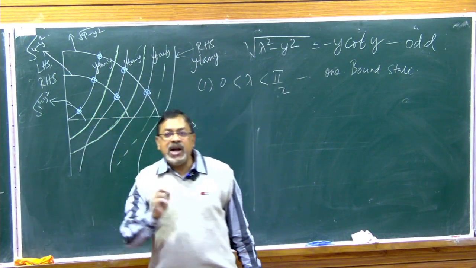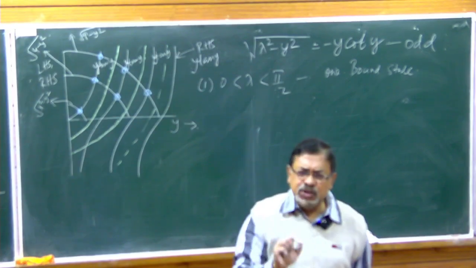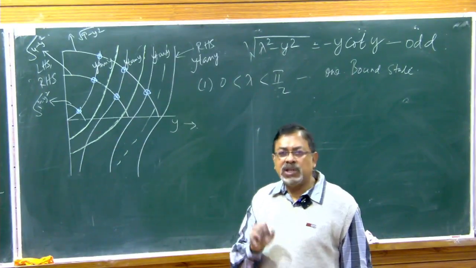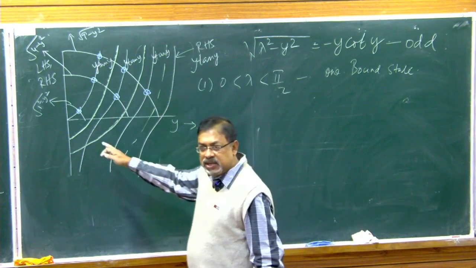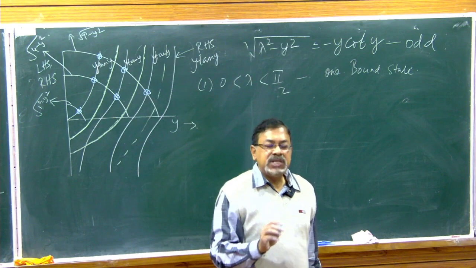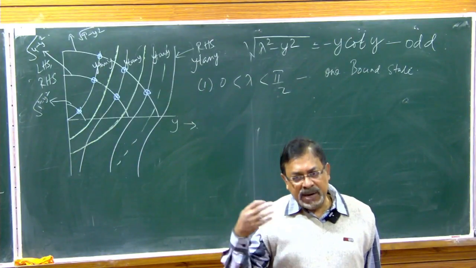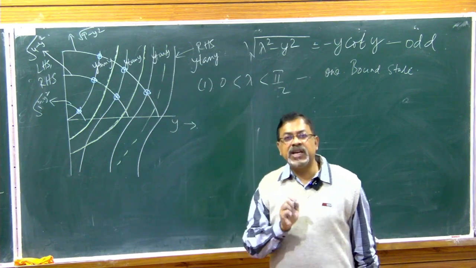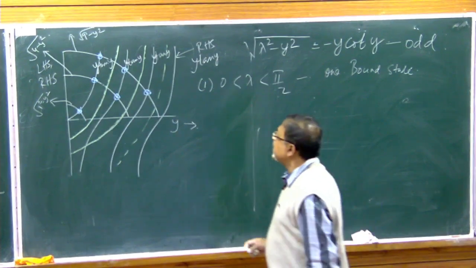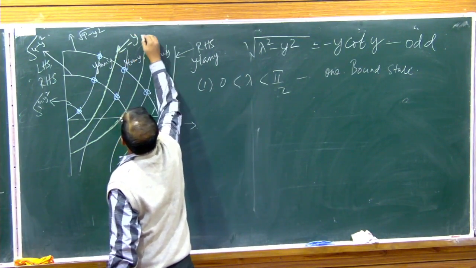So no matter what the depth of the well is, you'll always have one even bound state. Even means that if you take x equal to minus x, the wave function will remain the same, and it's a bound state because the energy is negative. And this is equal to minus y cot y.